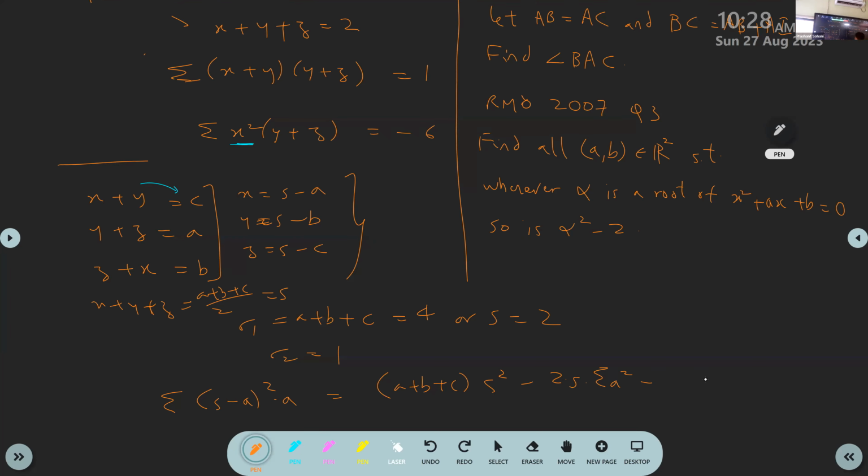This is what it will expand into term by term. Out of that, I know everything, only sigma a cube is unknown. So I can find sigma a cube, and from that I'll get sigma 3. So once I have sigma 1, sigma 2, sigma 3, that is done. A few variations are there, but mostly any approach you try, you are going to get the answer.